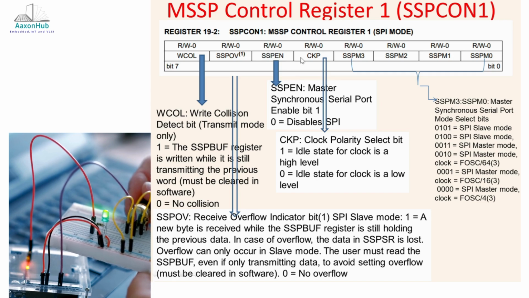This CKP selects the polarity of the clock, from low level to high level or from high level to low level, indicated by putting the value as 1 or 0 for the transition of that clock. So this is all about control register one under the SPI mode.